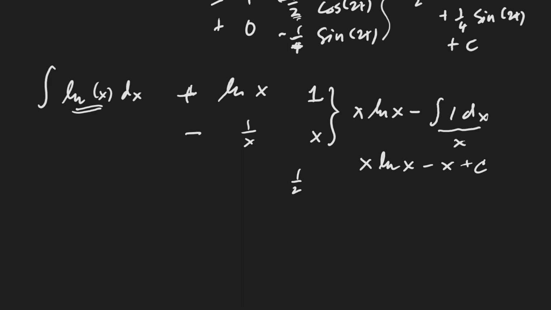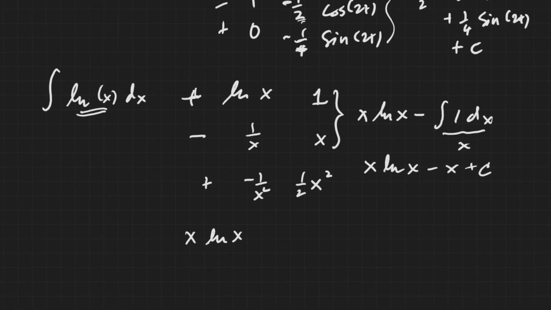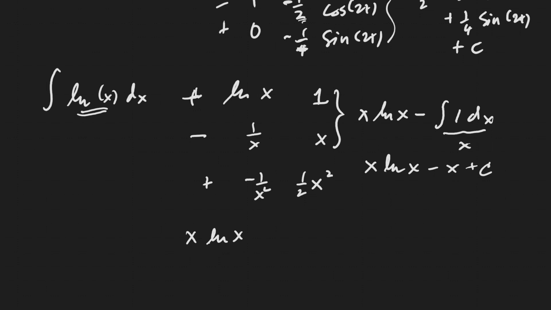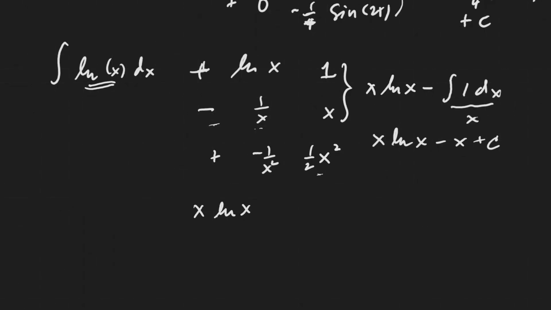The anti-derivative of x would be 1/2 x squared, and then the derivative of 1 over x would be minus 1 over x squared, and then we would have a plus there. And you see what's going to happen now? If I were to write this out, I'd have x natural log of x, minus 1 over x times 1/2 x squared, so that'd be minus 1/2 x.